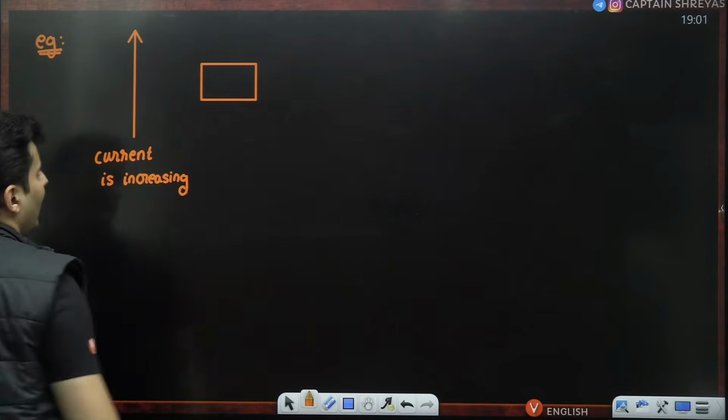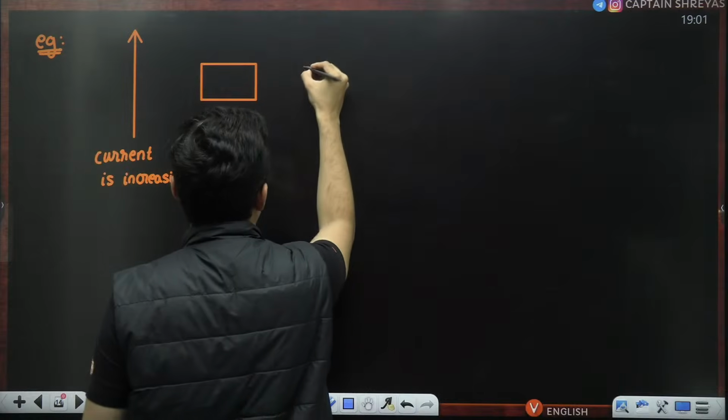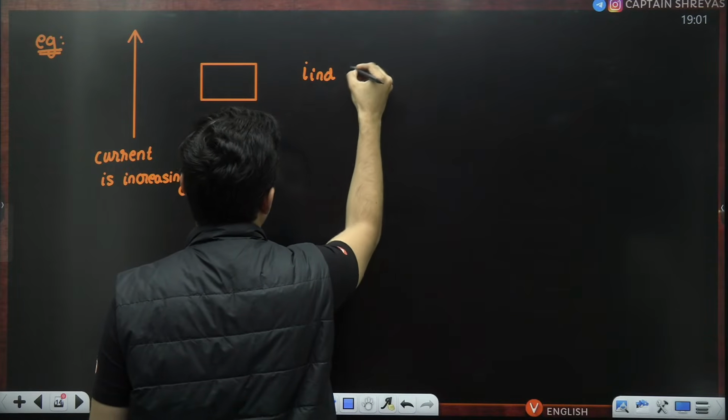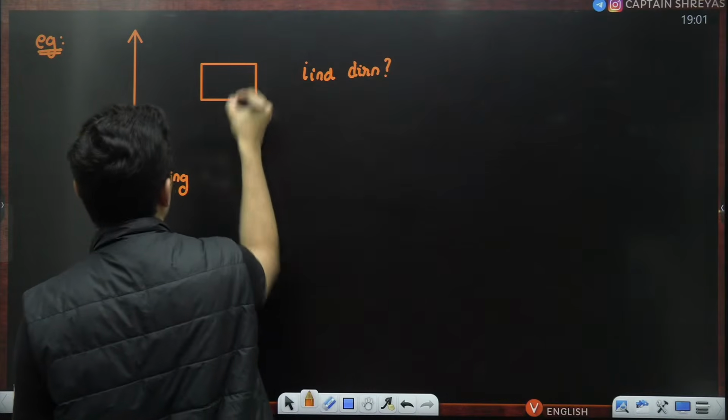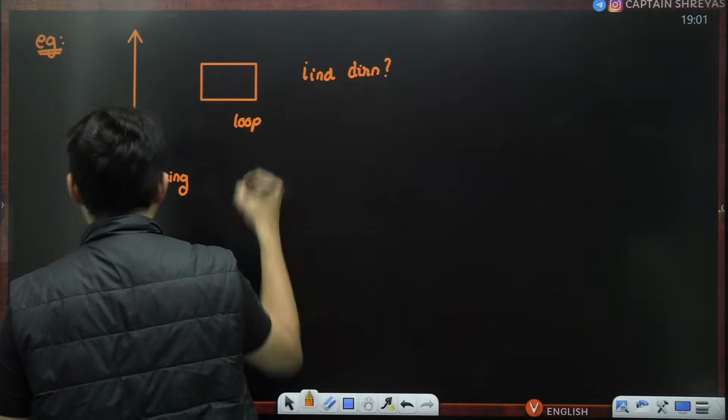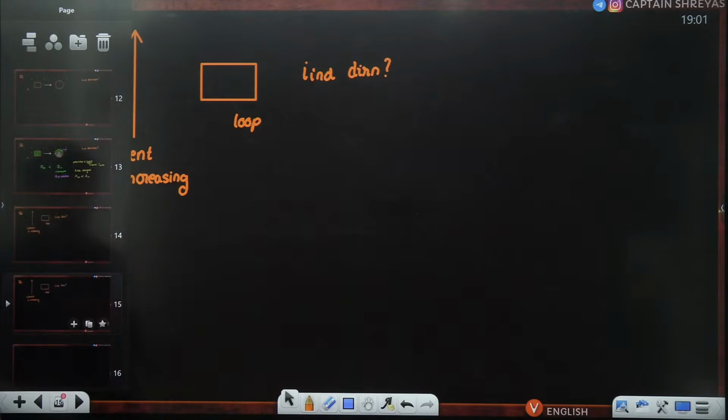What effect will it have over here? So in this loop, what will be the direction of the induced current? That is the question. Let's try to solve this.